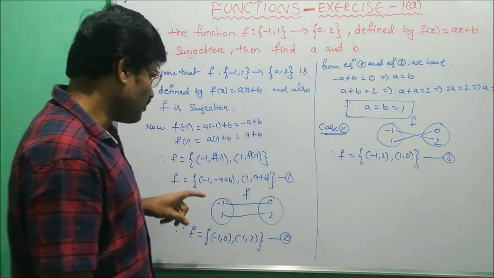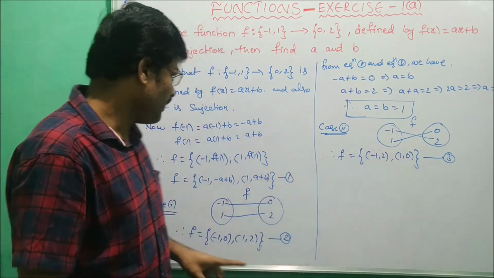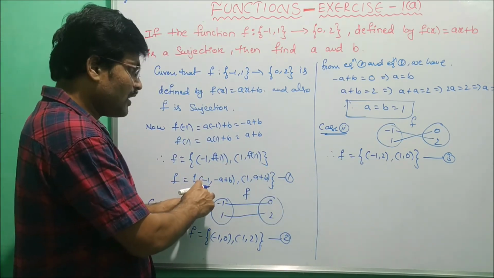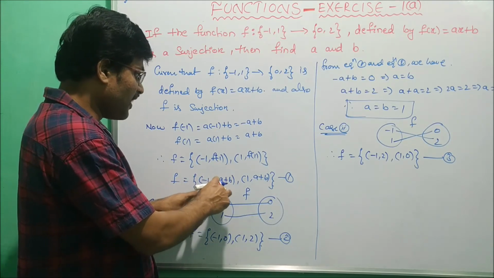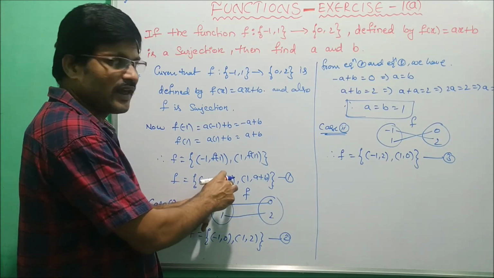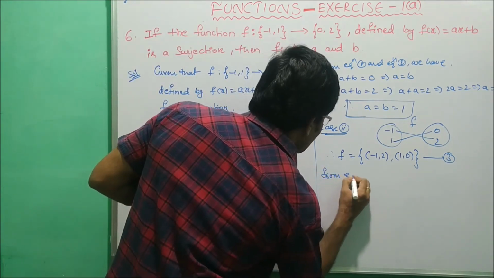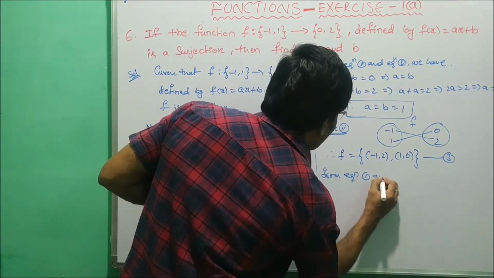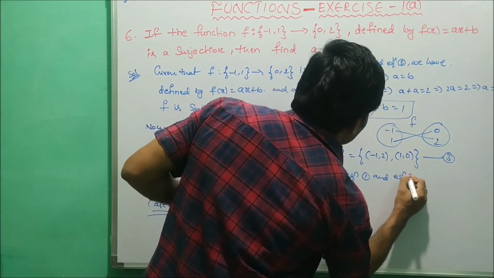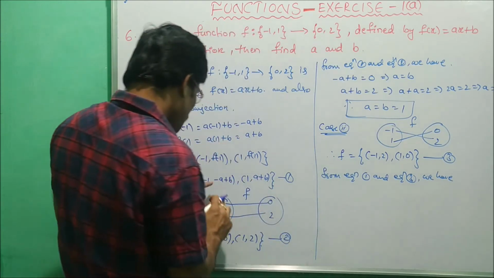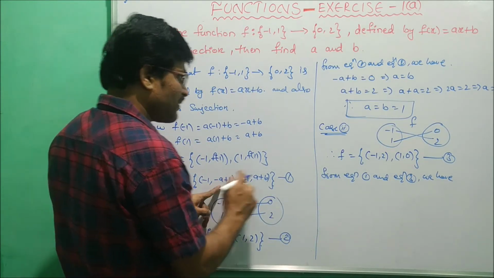Now here also compare equation 1 and equation 3. These are the same functions. In the ordered pairs the first components are already equal. Now we have to equate the second components. From equation 1 and equation 3, in the first ordered pair the second component is minus a plus b, and in this one the second component is 2.